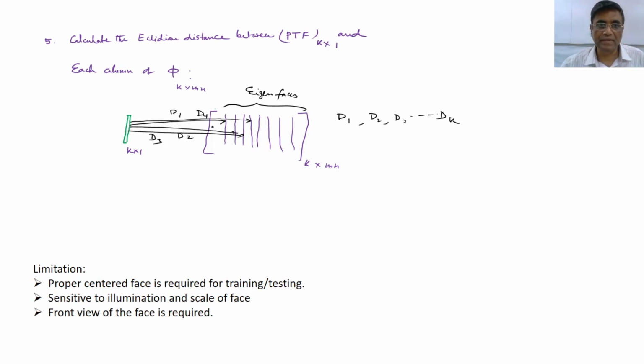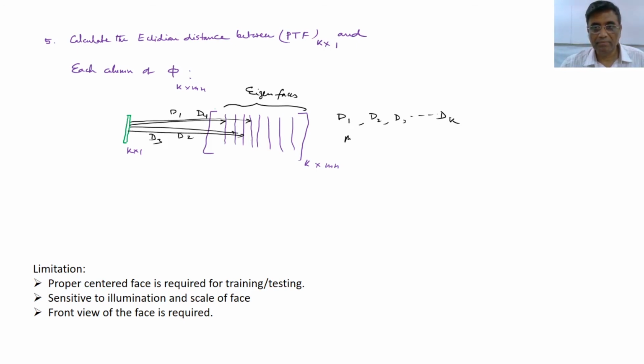So I get all these Euclidean distances, okay, and keep them. It is a similarity measure, I can say intuitively. So from this, the face whose distance is minimum will be classified towards that class. That's it.